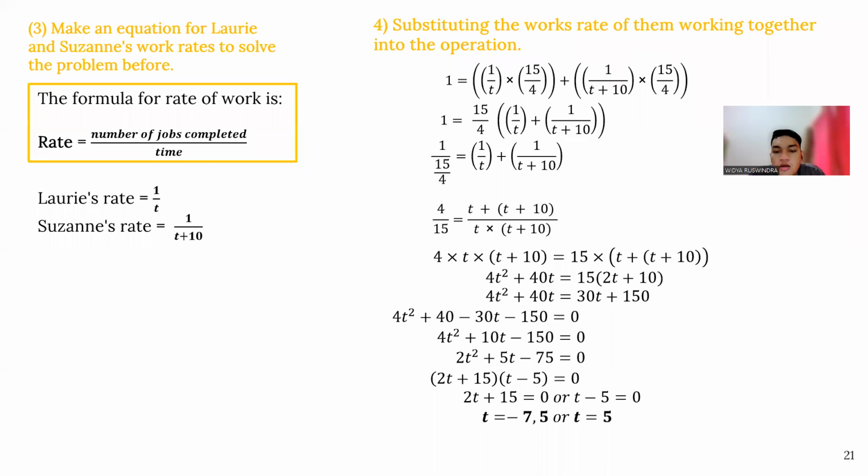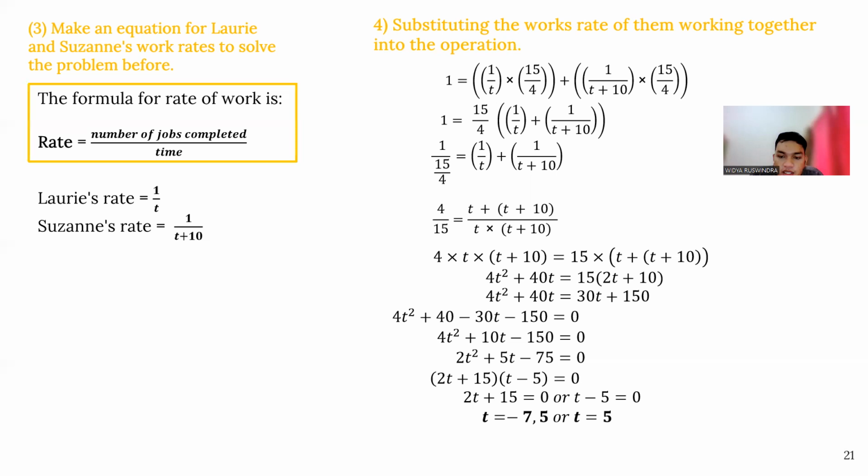Next we get 4t squared plus 40t equals 15 times (2t plus 10), because t plus t is 2t. So 4t squared plus 40t equals 15 times 2t, which is 30t, and 15 times 10 is 150, so 30t plus 150.